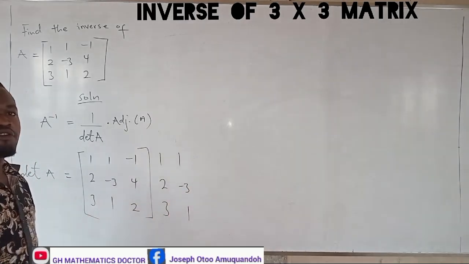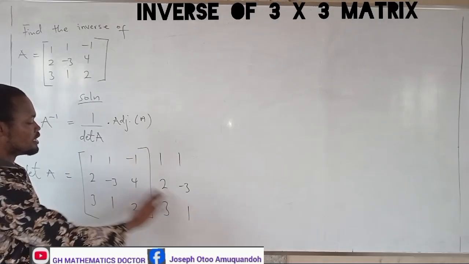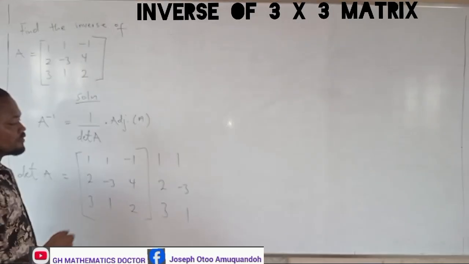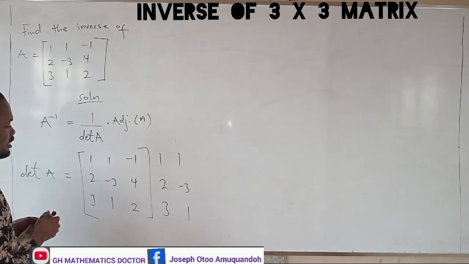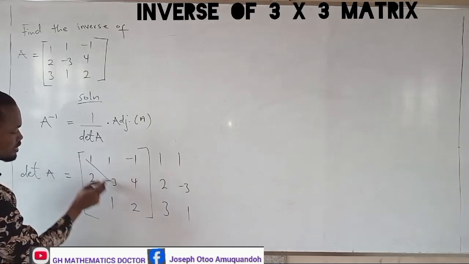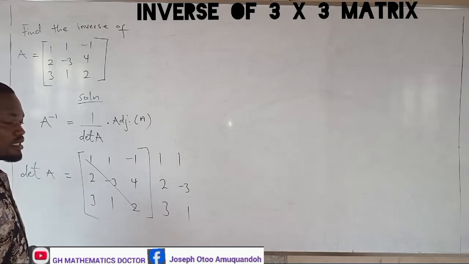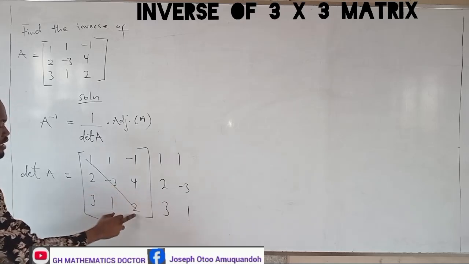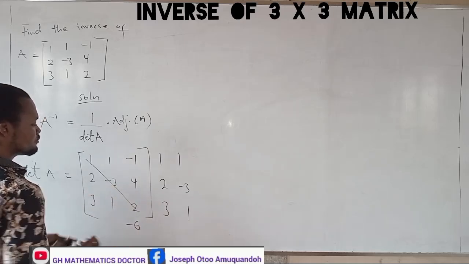Then we find all the left diagonals, then we write the answers, and also the right diagonals. Our first left diagonal is this. Multiply all the numbers: this times this will be negative 3, and negative 3 times 2 gives you negative 6.